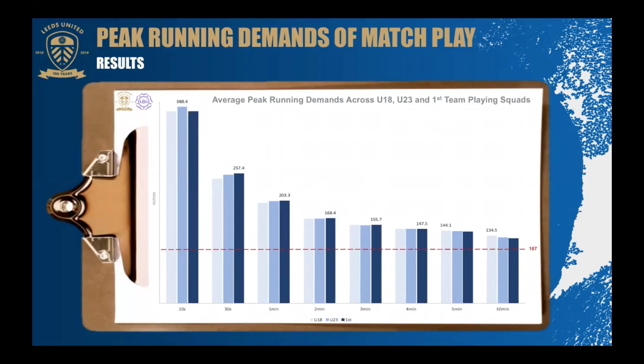Now, if we think back to the 107 meters per minute from the GPS report, if we were to design a drill or training or practice based on that level of intensity, we're under-preparing the players massively for anything under 10 minutes. If we were doing a small-sided game or a possession, looking to replicate 107 meters per minute, and the game was 4 minutes long, for example, we're under-preparing the players physically for what they will have to do in a game.